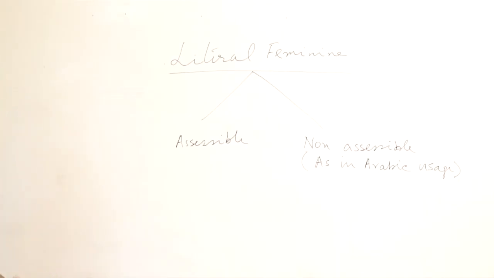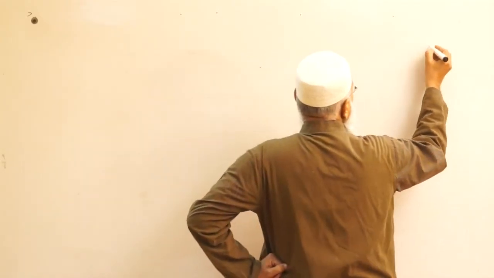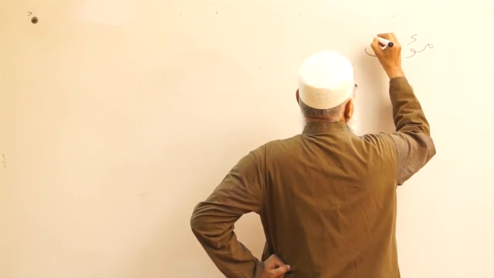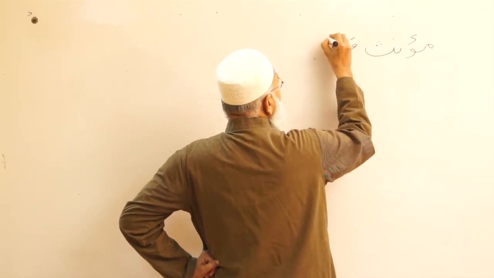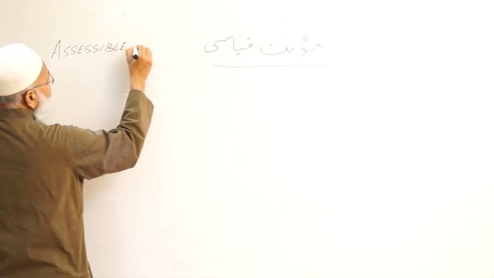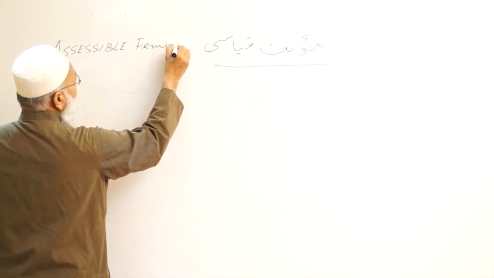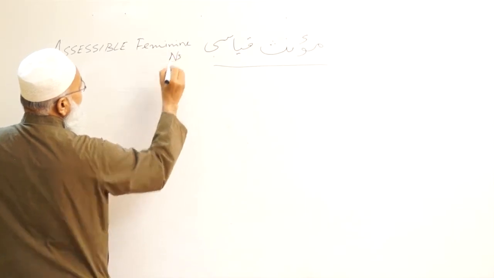So first we move to the accessible ones. In Arabic, they are called muannas qiyasi. Qiyas means assessment, accessible feminines. Feminine nouns.